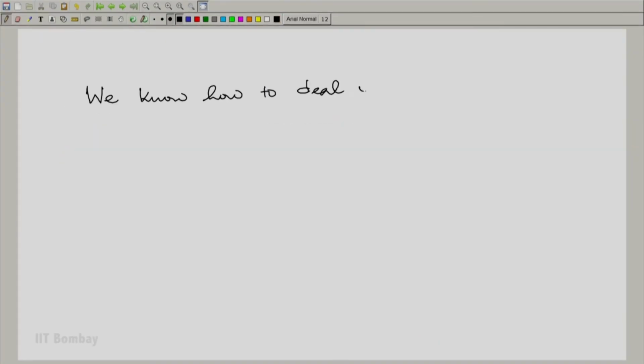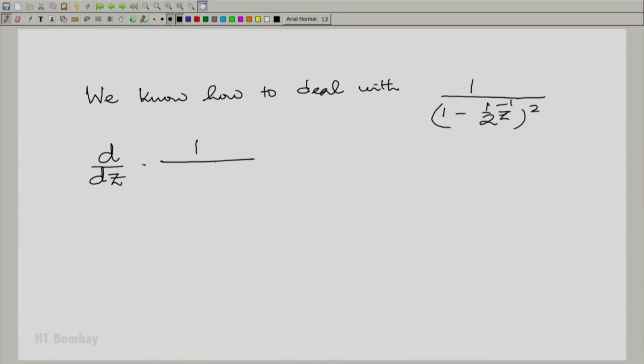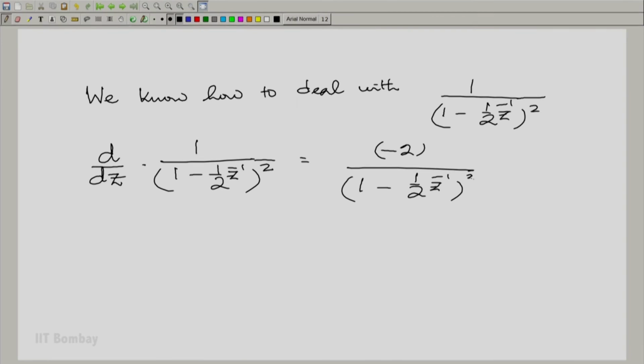Now, having done that, what is the next step? The next step is to apply the differentiation property again and again. So, for example, you know how to deal with 1 by 1 minus half Z inverse. Let us do that. Now, if you differentiate this with respect to z, you would get of course minus 2, and this becomes a power of 3 in the denominator, and then minus half, there you are.